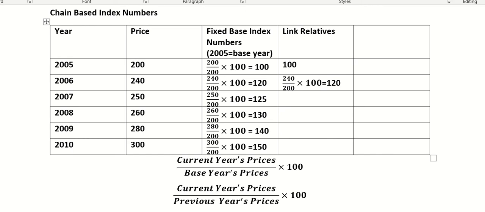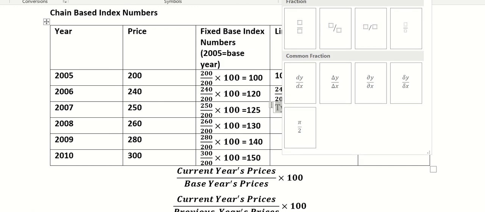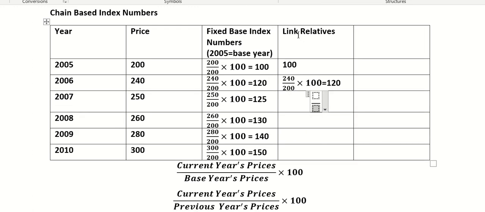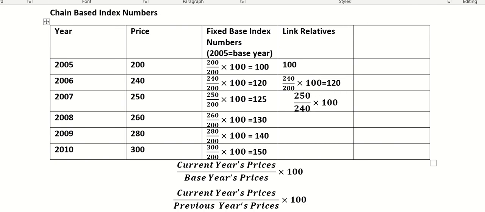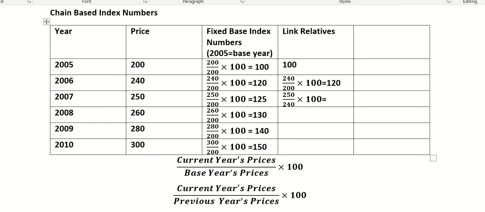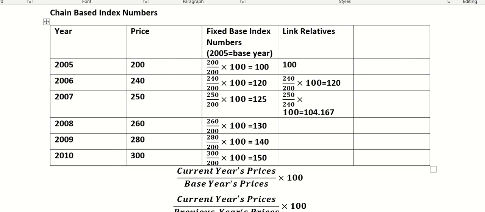Now again we have to apply the formula: current year divided by previous year, not base year. So the current year is 250 divided by the previous year 240, into 100. So this comes to be 104.167.